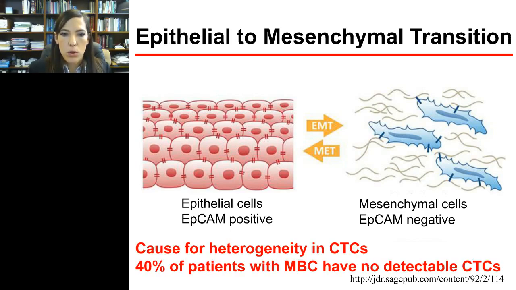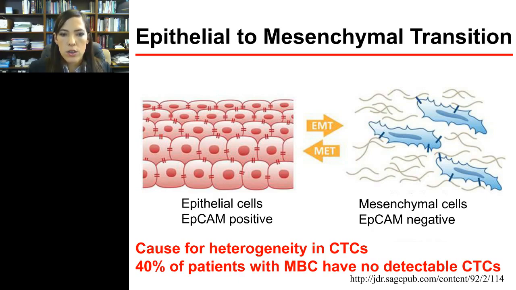And so why is this important? We've been able to see that there is heterogeneity within CTCs, not only from patient to patient, but even within a patient from a single blood draw. So there is heterogeneity within CTCs.